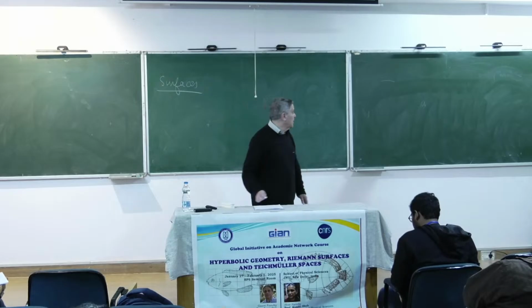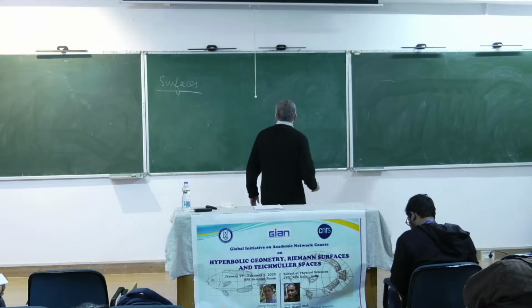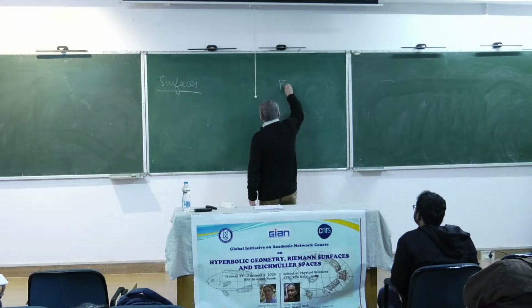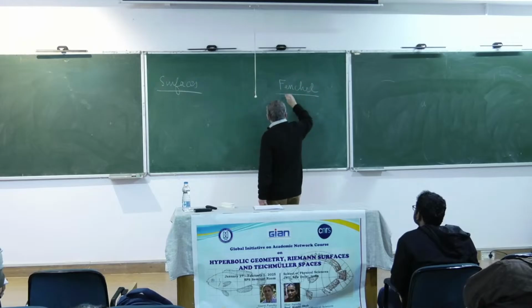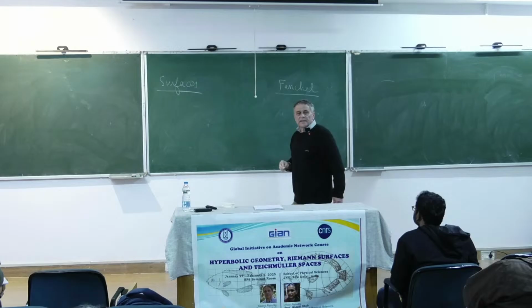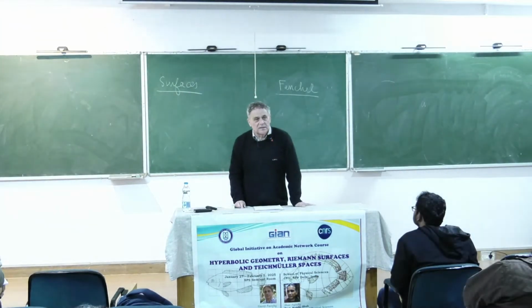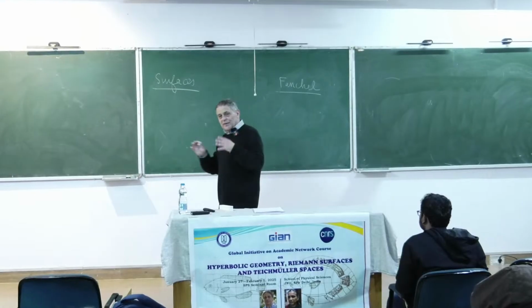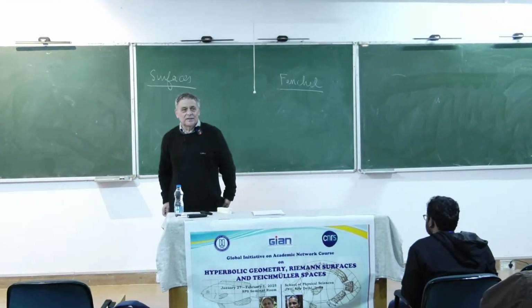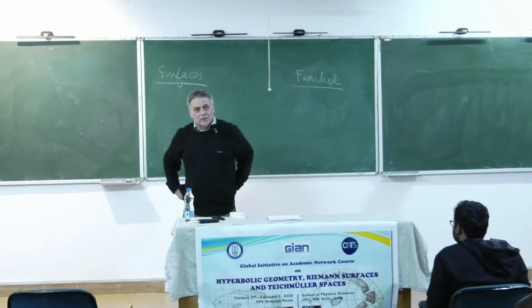In fact, there's a book, I think a book by Fenchel. Fenchel is a great mathematician, in fact. His book was rather unknown until Thurston came with this hyperbolic geometry, and then people started being interested in non-Euclidean geometry.